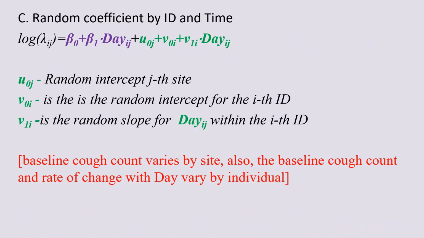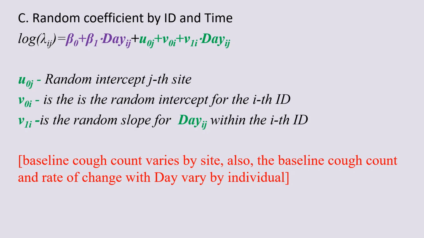This one is the random coefficient by ID and time. For this one, we assume that the effect on cough frequency is due to what happens within the individual themselves, and the effect of time on the cough frequencies.